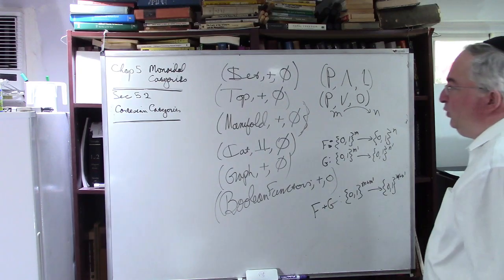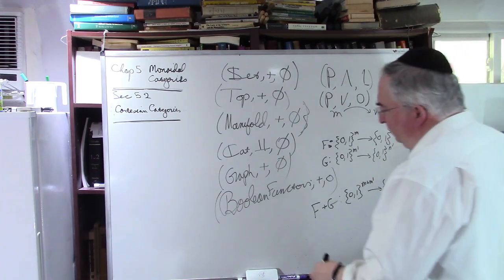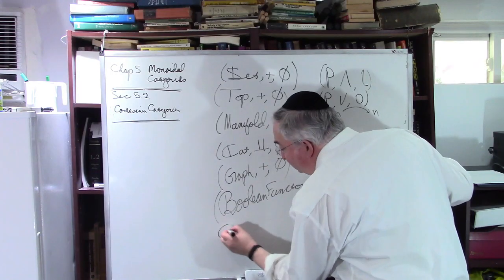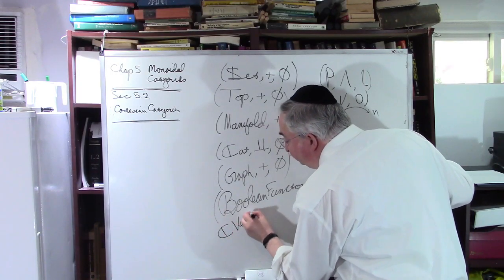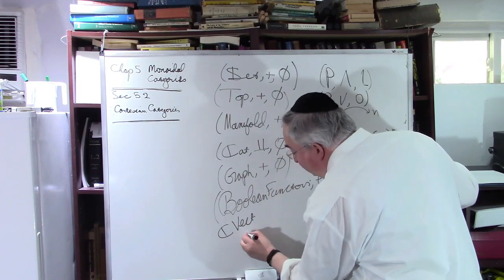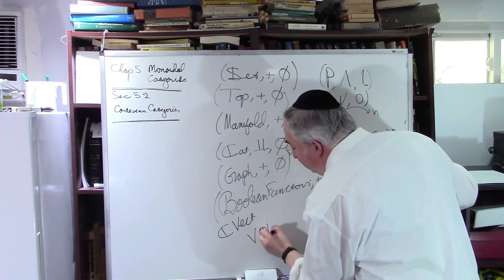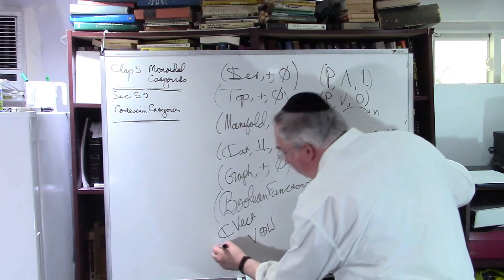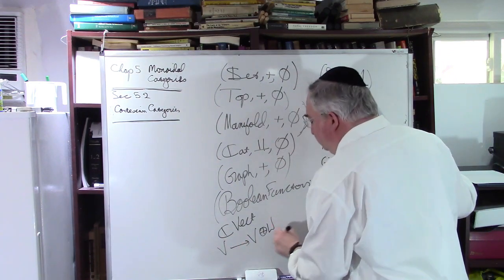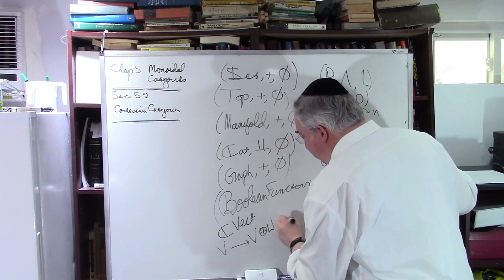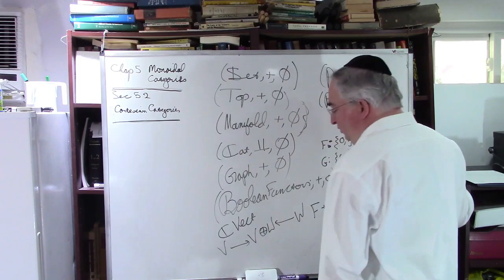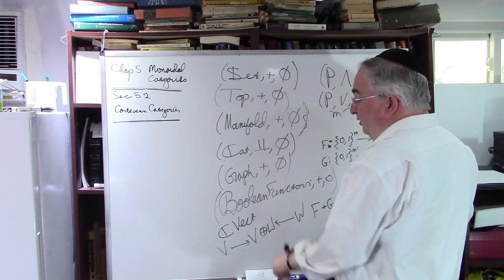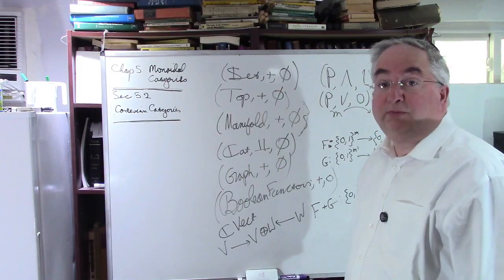Let me just give you one last example and we'll talk a little bit about these things. Complex vector spaces. Turns out that this V plus W is not only a product, but also V includes into V plus W, and W includes into it. Those are inclusion maps and they satisfy universal properties.